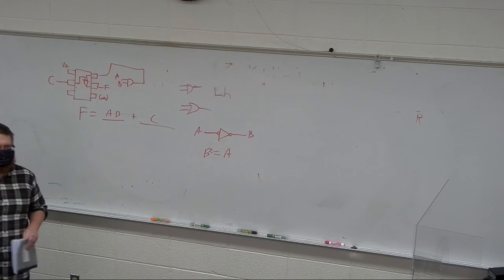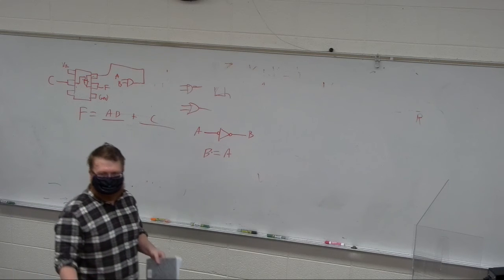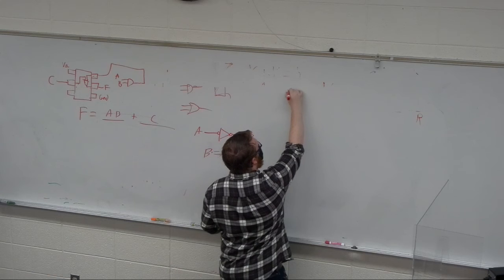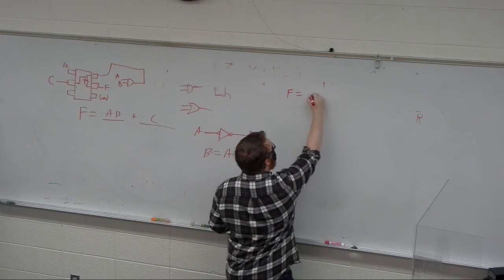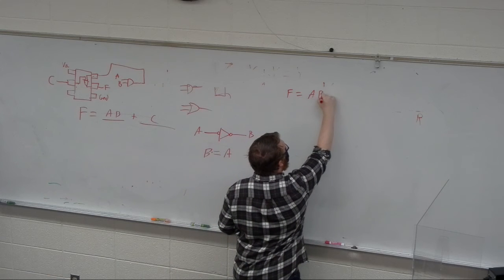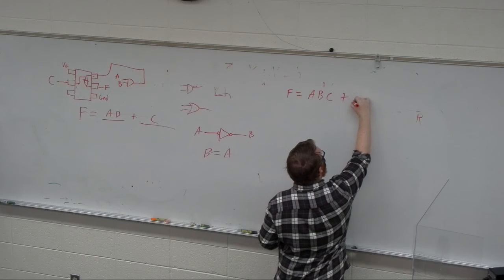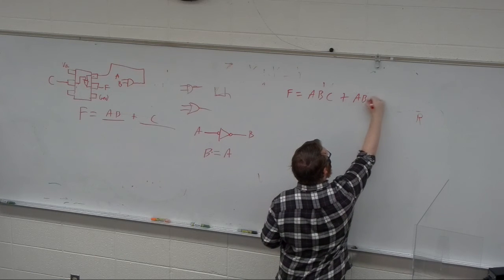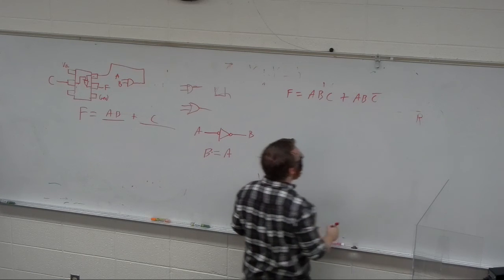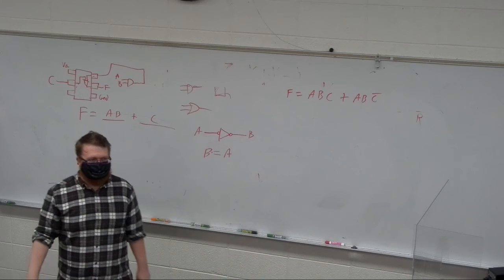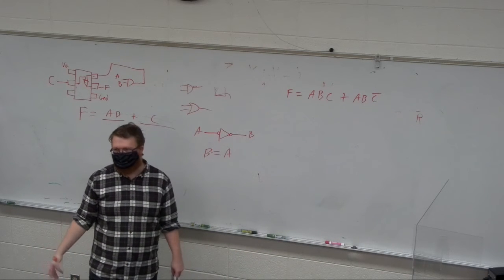All of the Boolean algebra that we went through, right, the simplification. So if I write something like this and then ask you to simplify that, could you do it?